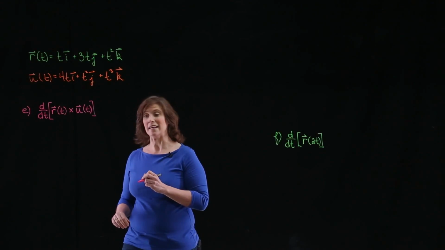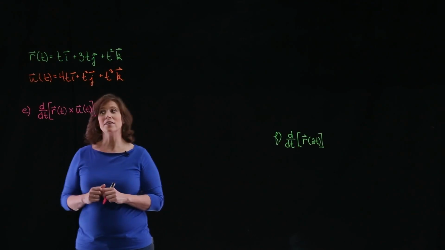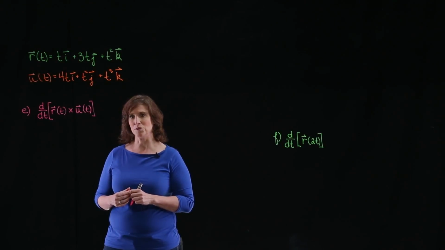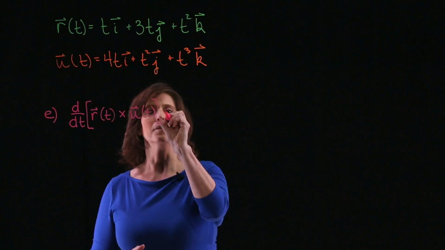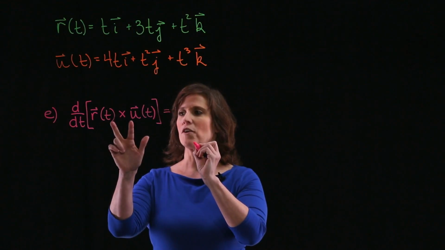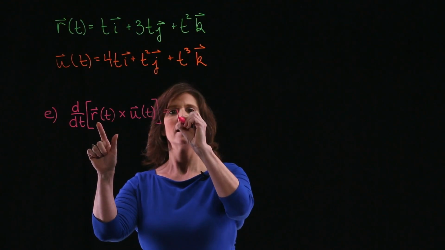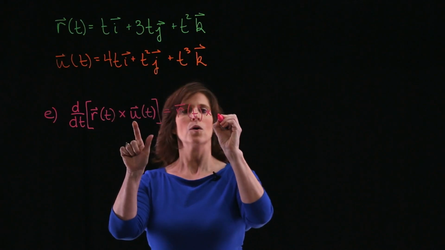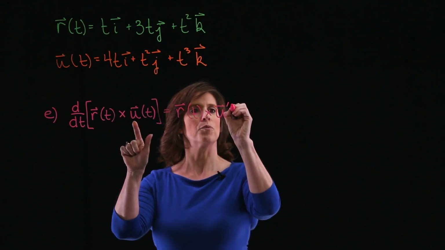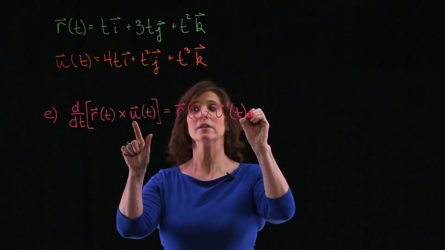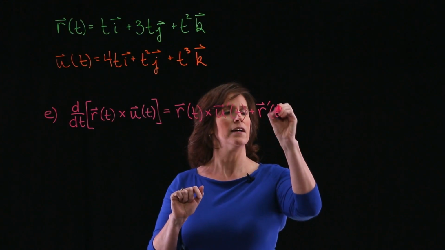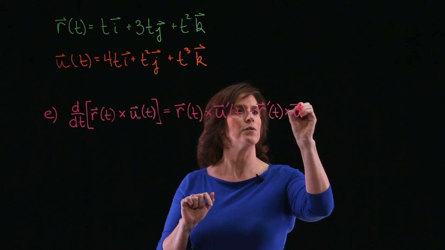Now let's try part E. I'm going to be taking the derivative of a cross product. And again, we're going to be using the product rule to do this. So the derivative of the cross product will be r of t crossed with u prime of t plus r prime of t crossed with u of t.